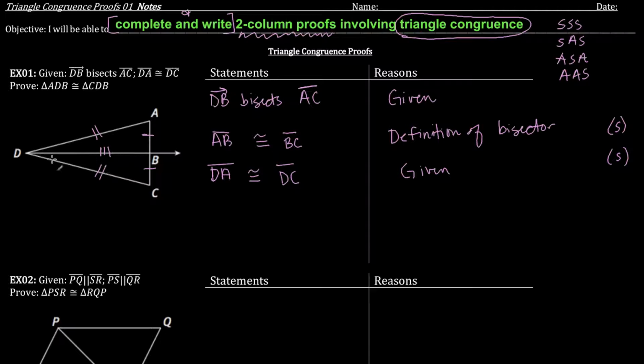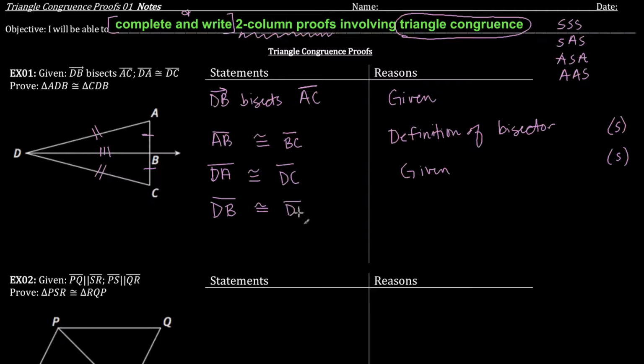So it's kind of obvious because they use the same side length, right? So all you have to do is say that DB for this triangle is the same as DB for this triangle. So we just got to show that segment DB for this triangle is congruent to DB for this triangle.